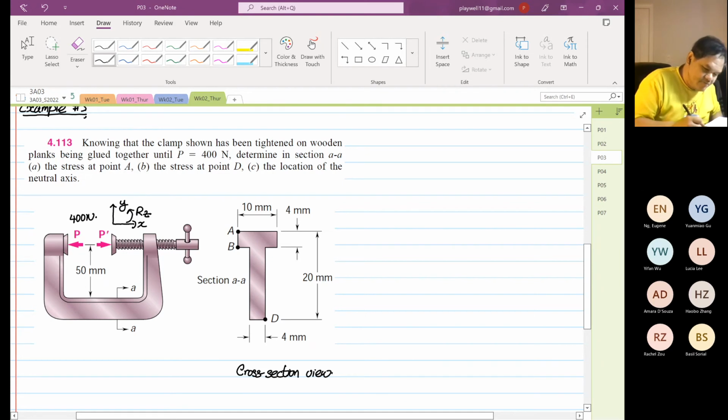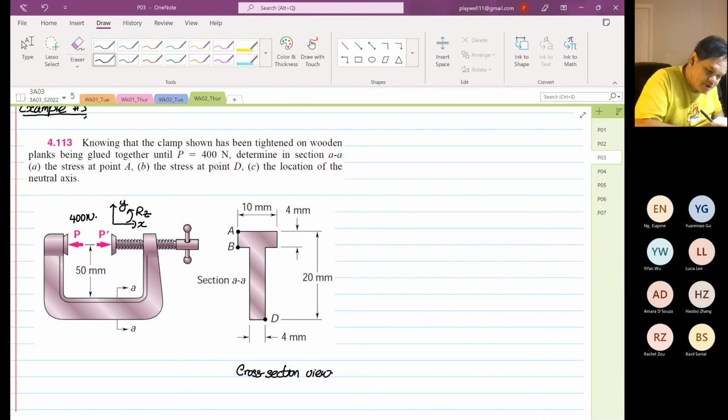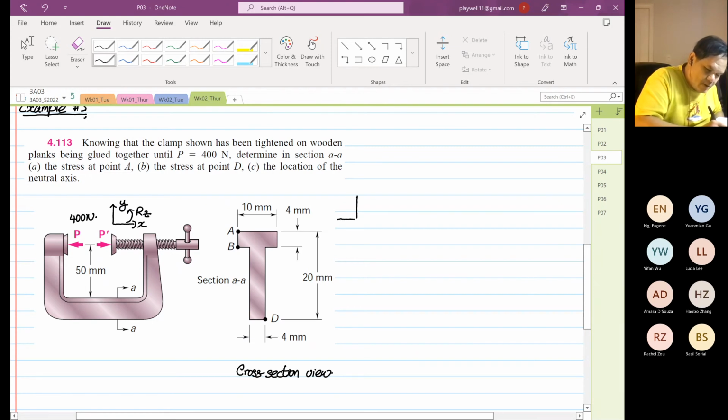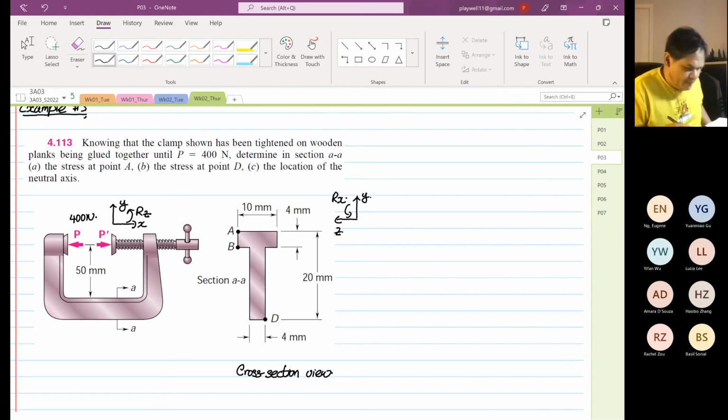And the cross-sectional view over here, if we were to sketch out our transformation, this will be our Y, and this will be our Z, and over here, this is our rotation about X. Okay. So there are a few things that we need to do, right?